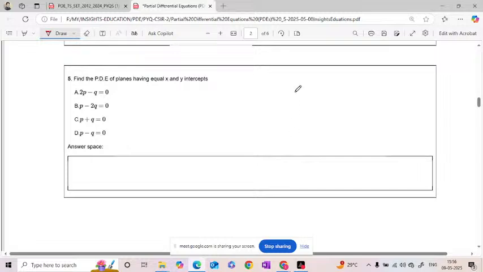Find the partial differential equation of planes having equal x and y intercepts. Now first of all, what is the equation?